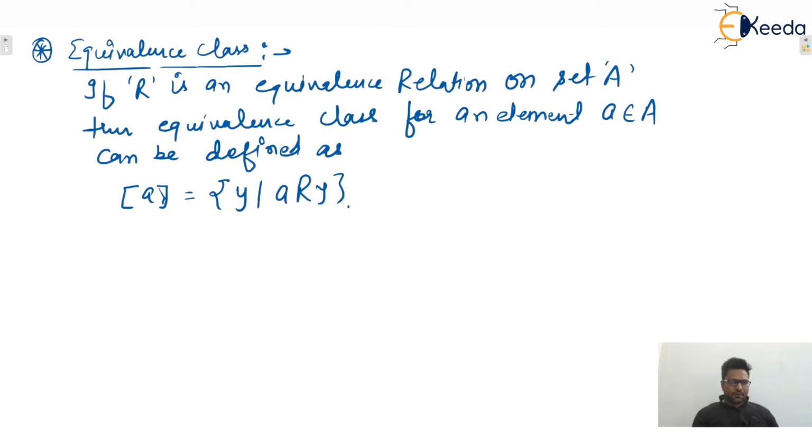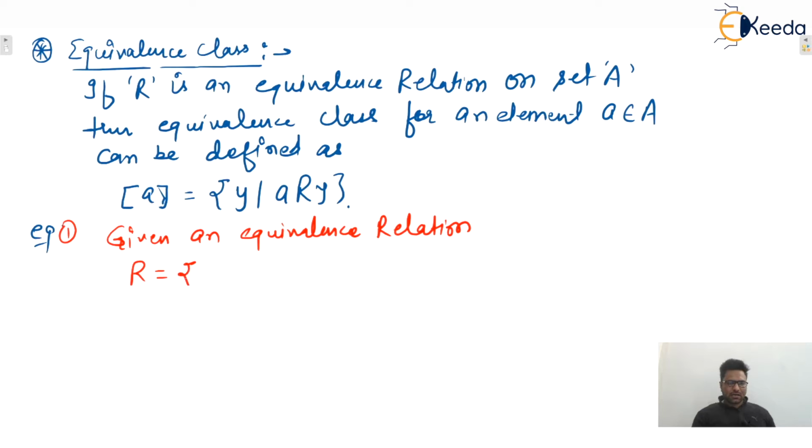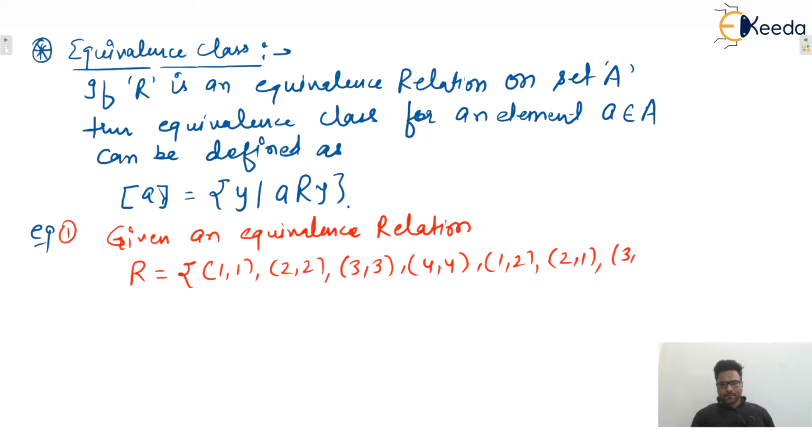So let us take one example. With the example it will be more clear to you guys. Let's say an equivalence relation is given. Let's say a relation R is {(1,1), (2,2), (3,3), (4,4), (1,2), (2,1), (3,4), (4,3)} on A, where set A is {1, 2, 3, 4}.